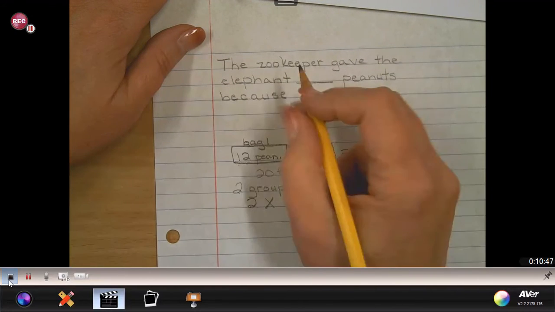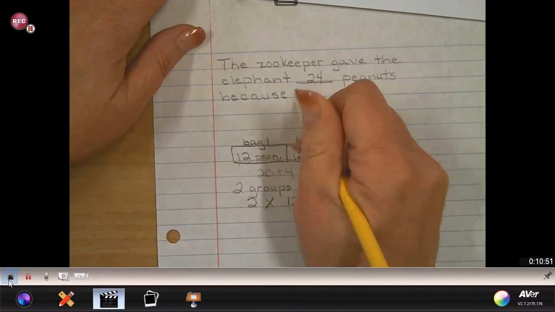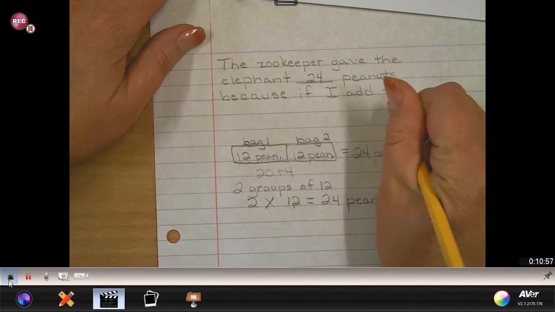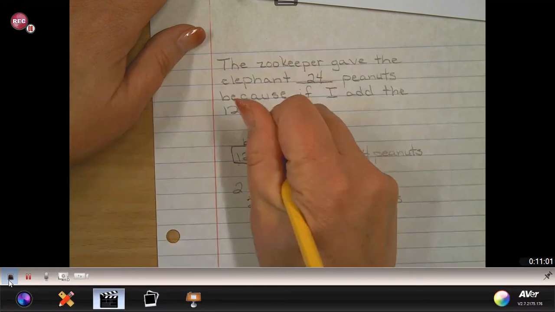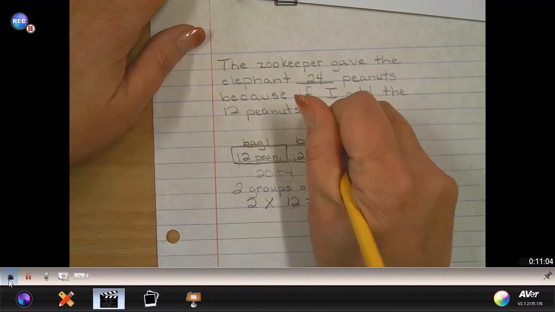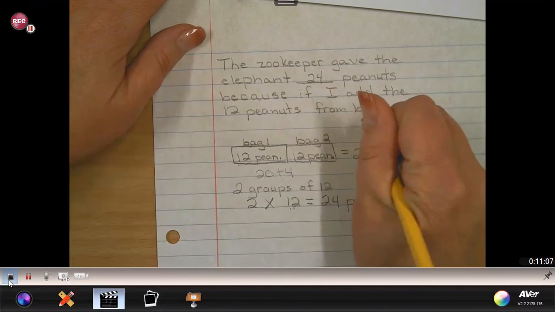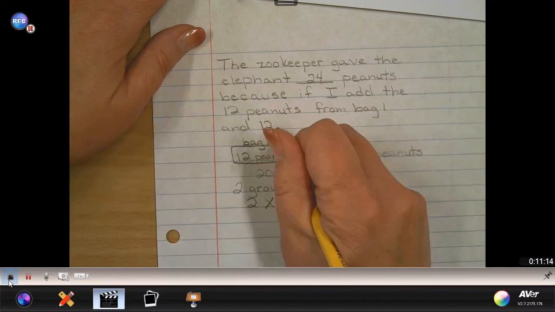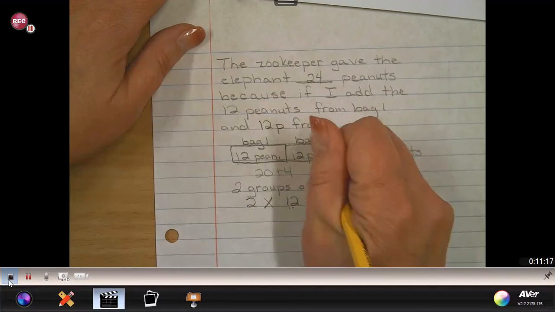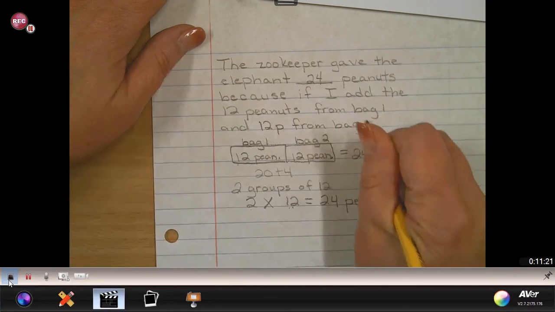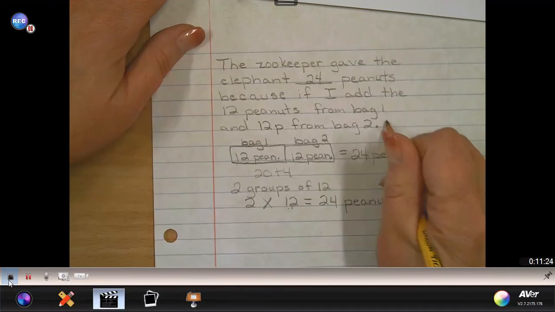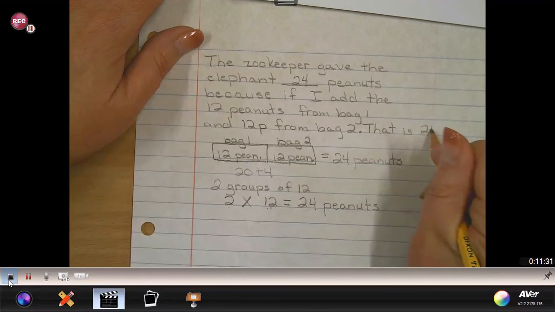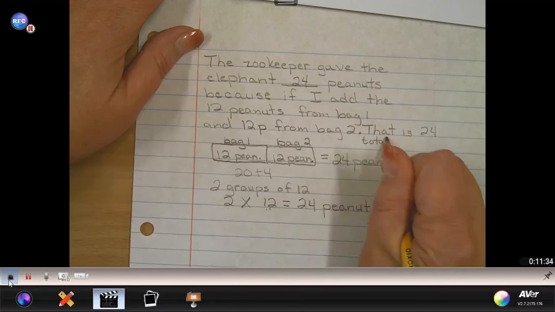So the zookeeper gave the elephants 24 peanuts because if I add the 12 peanuts from bag 1 and 12, and I'm going to put a P here, from bag 2, that is 24 total peanuts.